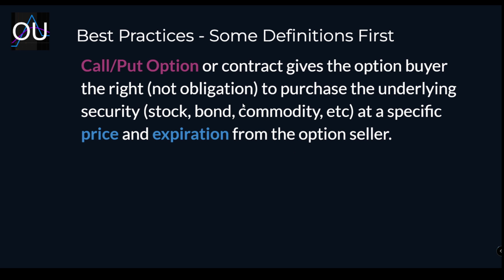You have the right to purchase the underlying stock at a certain expiration and price, but not the obligation. So at least in the United States, you're not forced to take physical stock or obligated to purchase the underlying security.